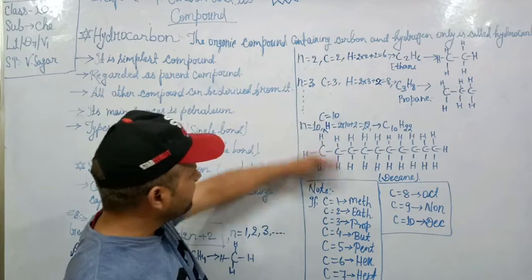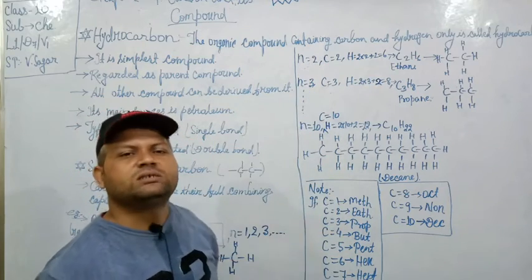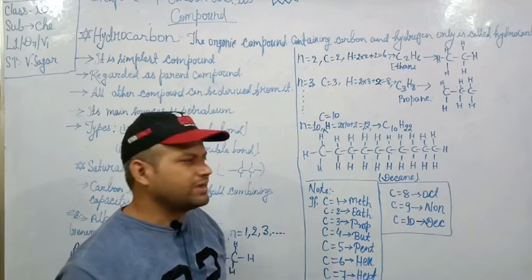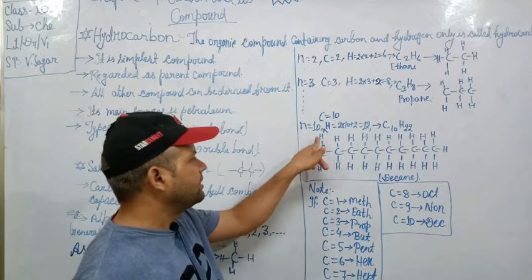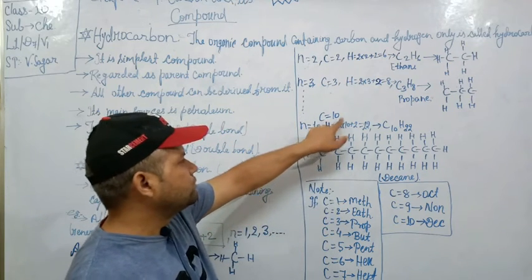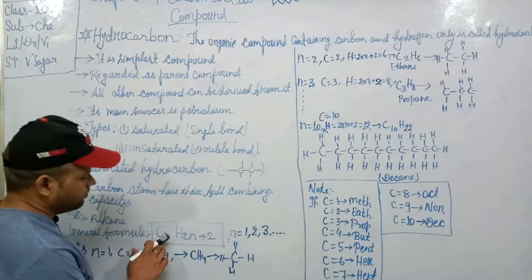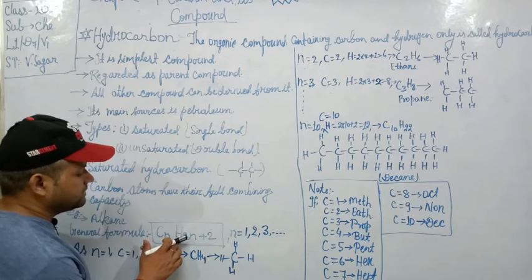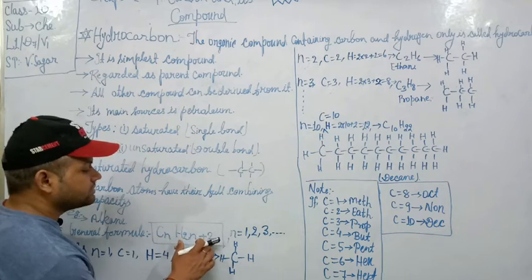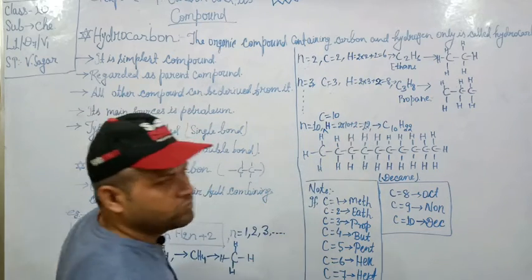Now in the same way, if we increase the number of carbon atoms, suppose n is equal to 10, C is equal to 10, H is equal to 2 into 10 plus 2, by following this formula, which means H is equal to 22.